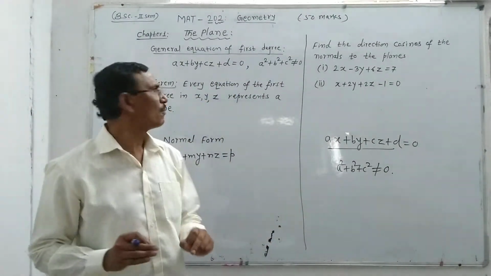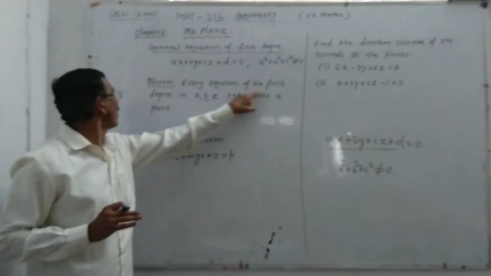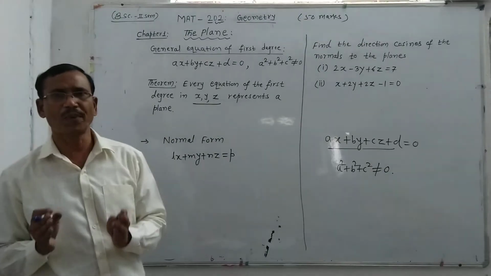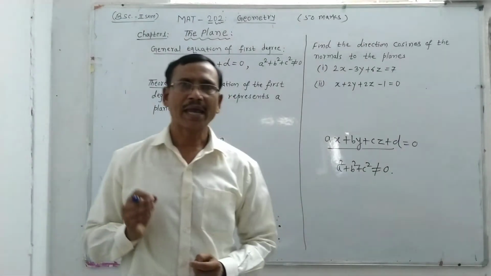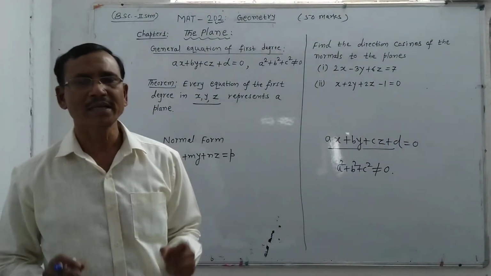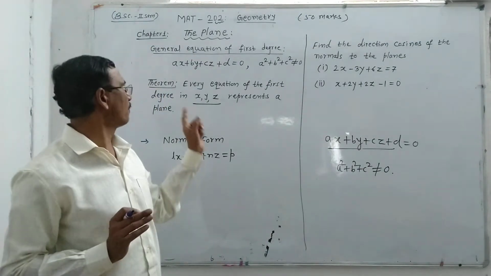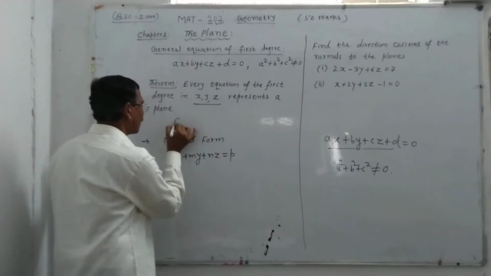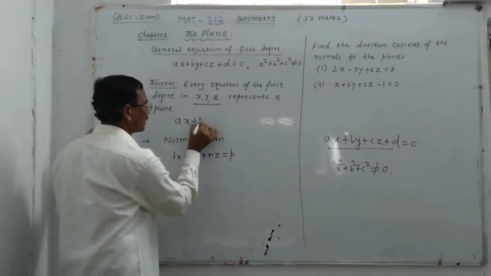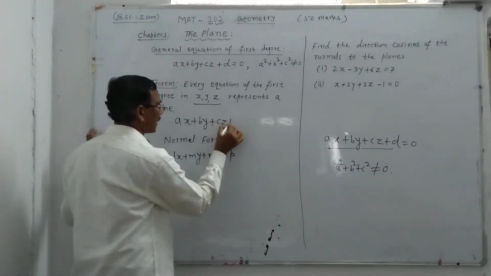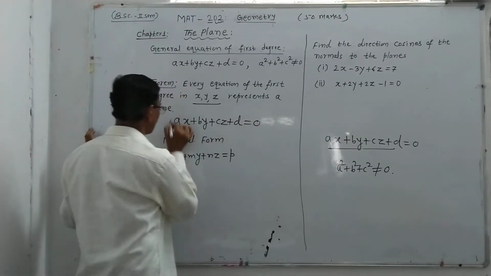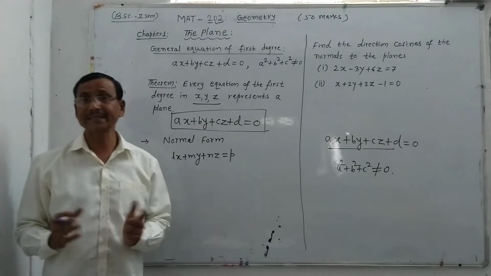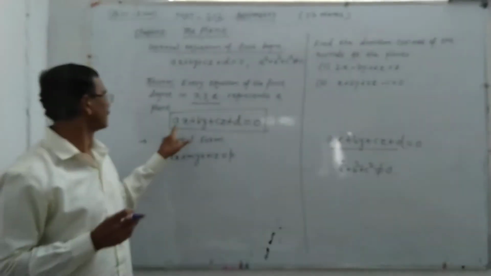Every equation of first degree in x, y, z represents a plane. This is the theorem. That means the equation ax plus by plus cz plus d equal to 0 is the equation of a plane in 3D geometry.